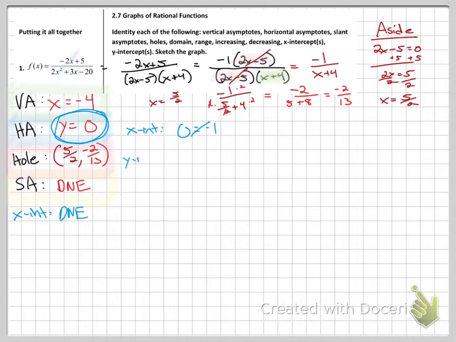Y-intercept, everything that touches an x disappears, and you're left with 5 over -20, or 0, comma, -1/4.